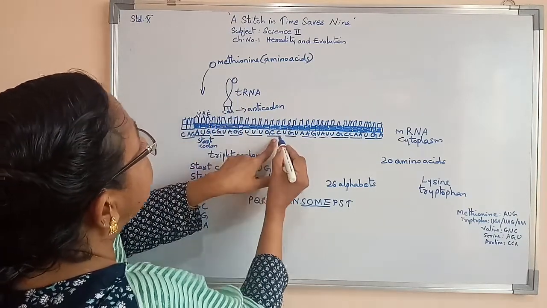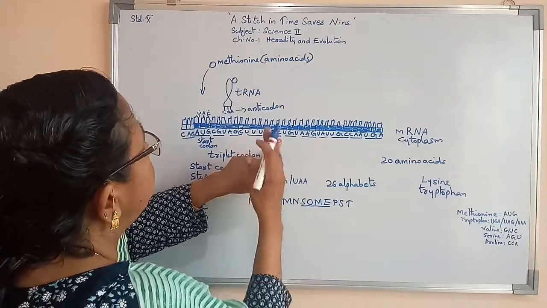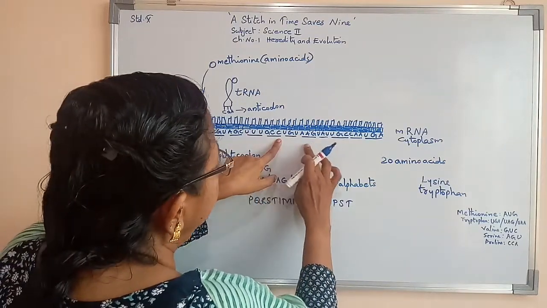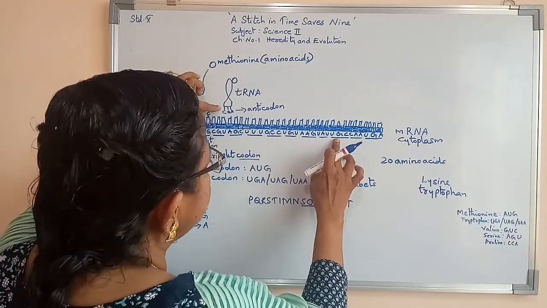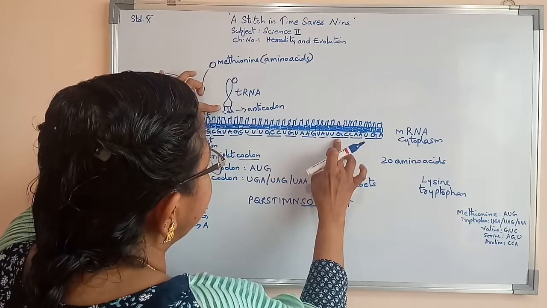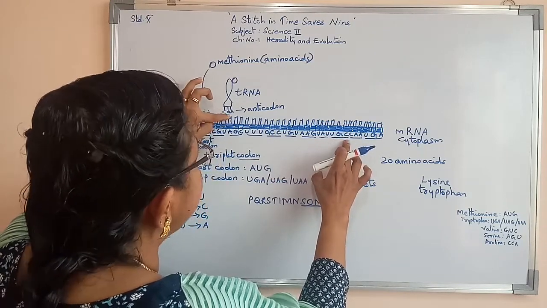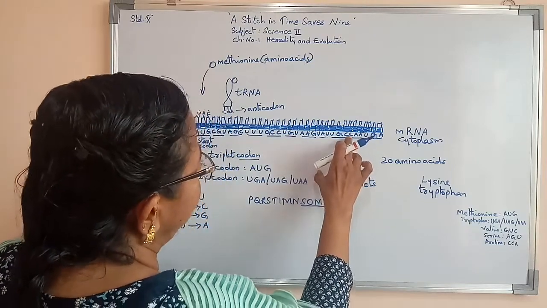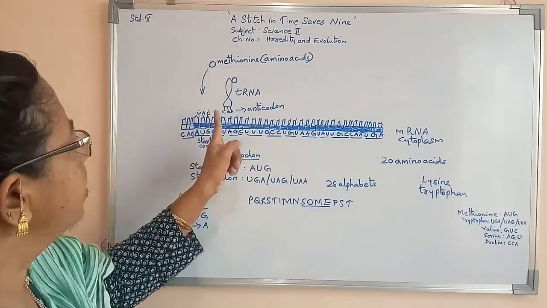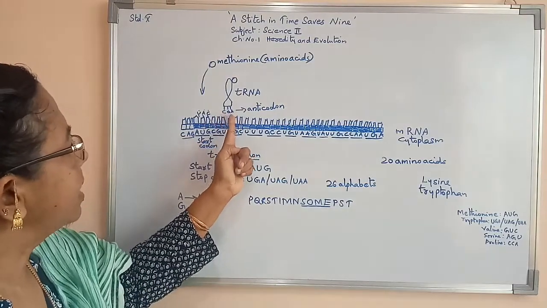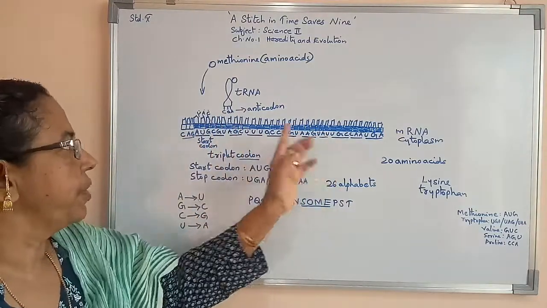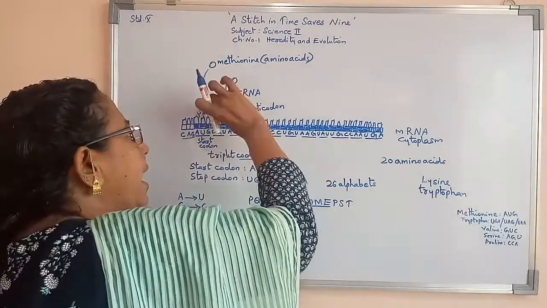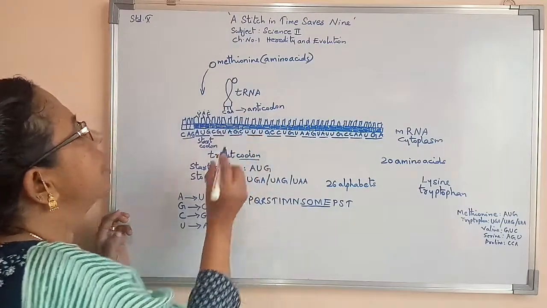Then A is there, but here C is there, so no, cannot. Like that here C is there, G is there, afterwards G is there, C is there, but A, then it should be U, not there. So somewhere will be its matching codon here. There it will go and attach with the codon.